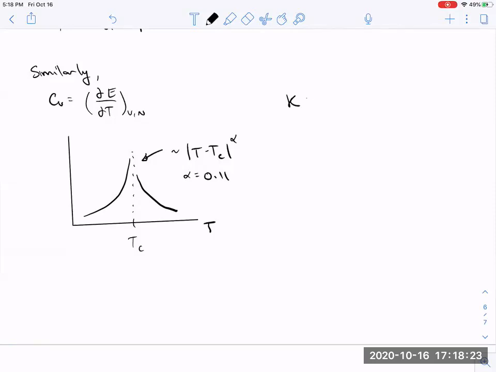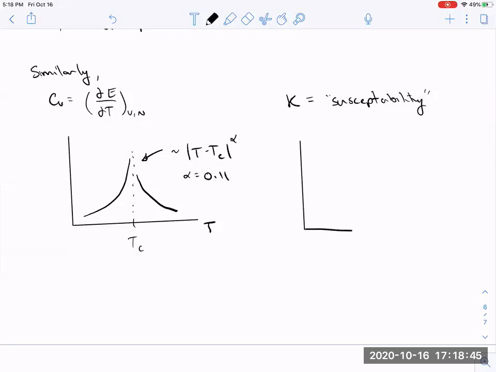I could measure kappa, a generalized susceptibility, could be the compressibility in a liquid vapor transition, could be how the magnetization changes with applied magnetic field.